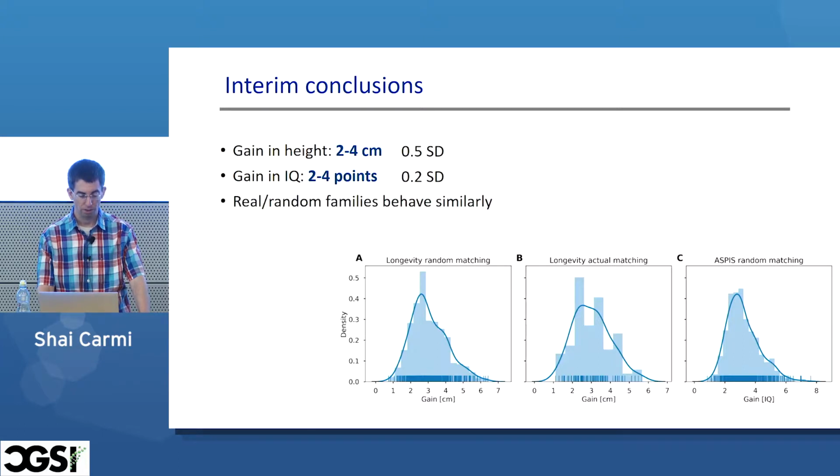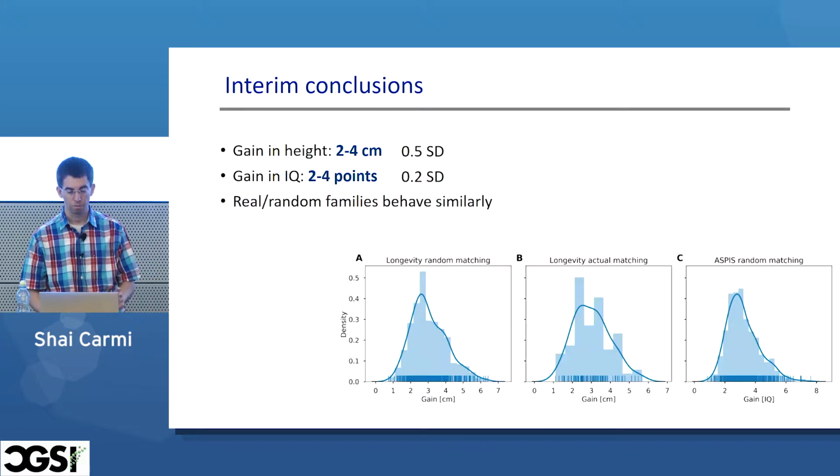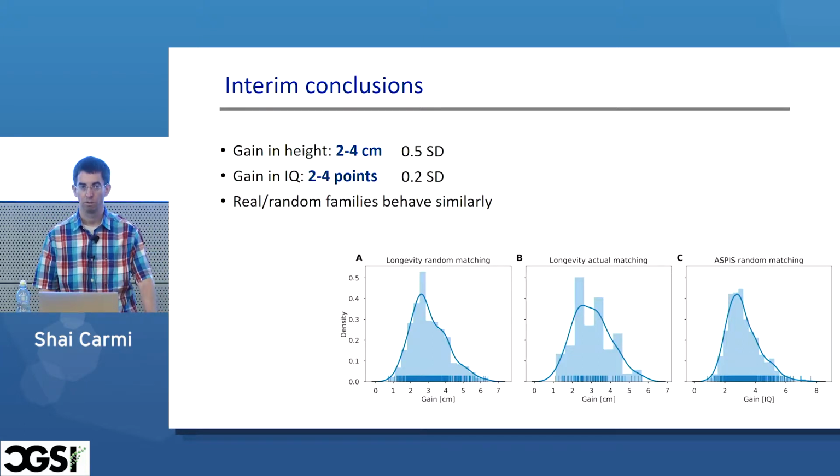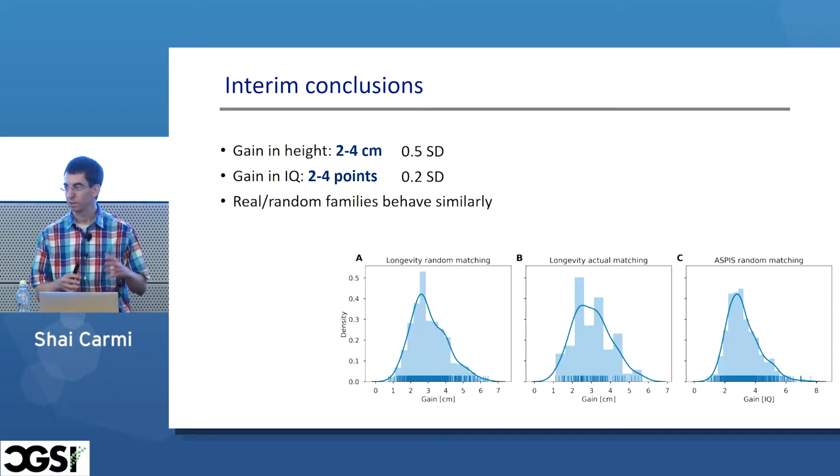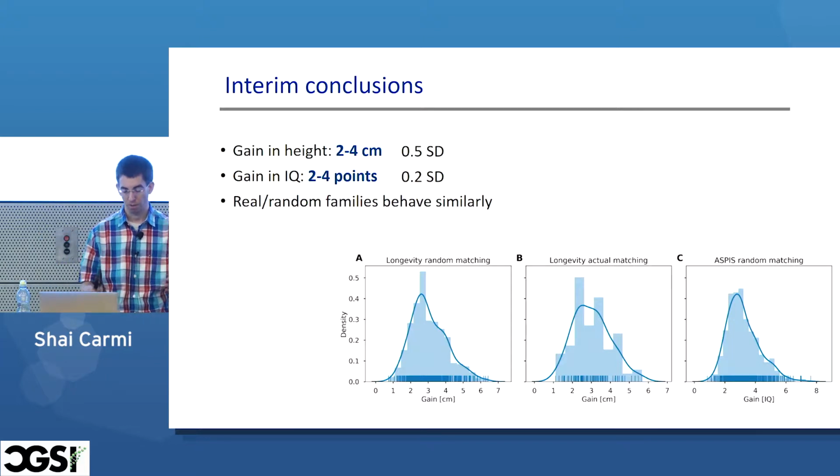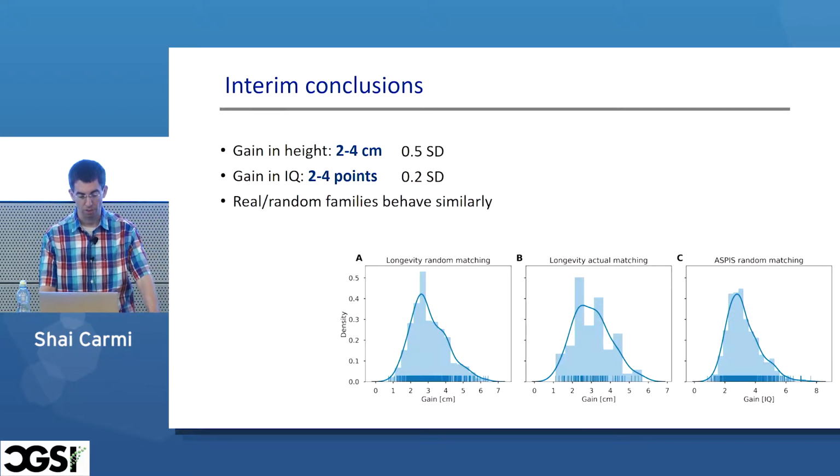And another point that we can see from these graphs is that there's no big difference between real and random families, meaning the role of assortative mating is relatively minor, at least with these cohorts. Okay, and so this is the basic result, and now we extended it in several ways.